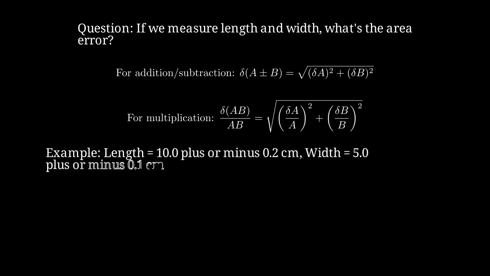Let's use an example. Length is 10.0 plus or minus 0.2 centimeters, and width is 5.0 plus or minus 0.1 centimeters. The area equals length times width, which is 10.0 times 5.0, giving us 50.0 square centimeters.